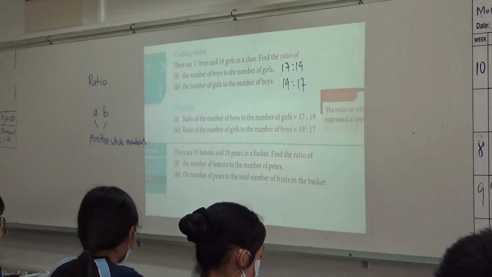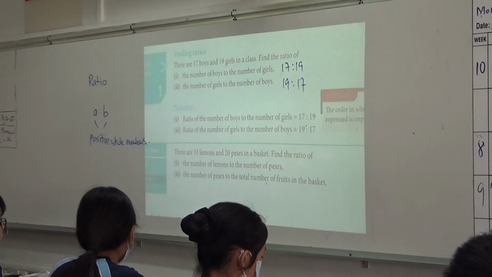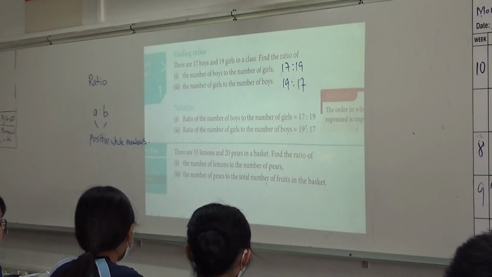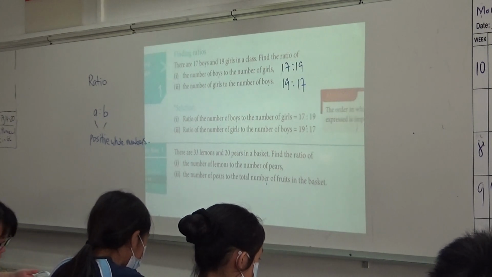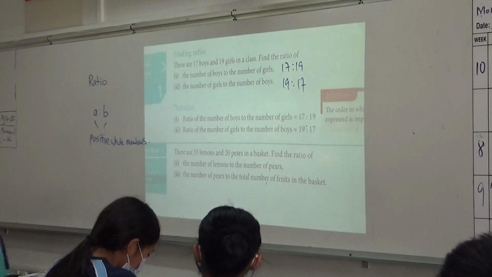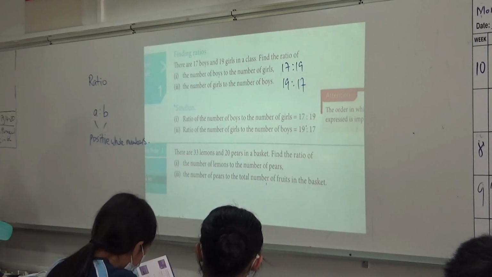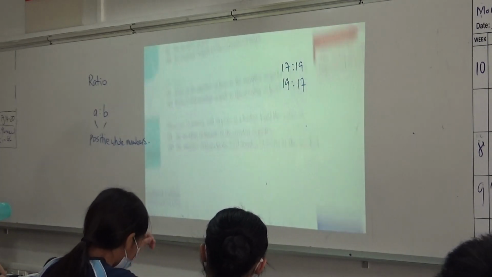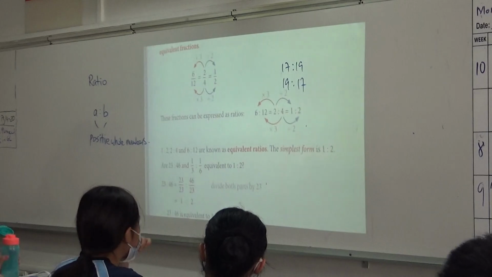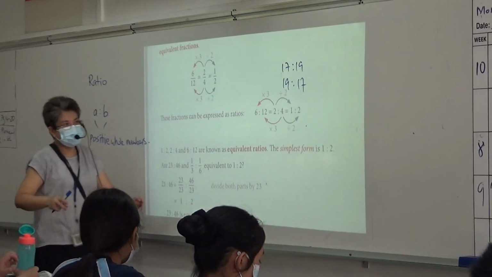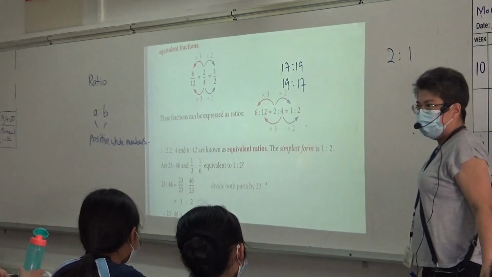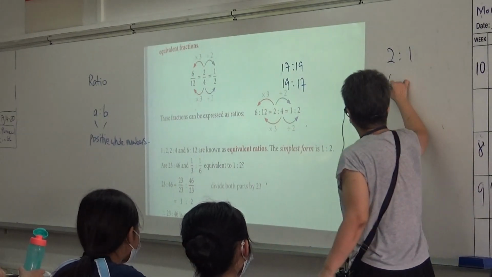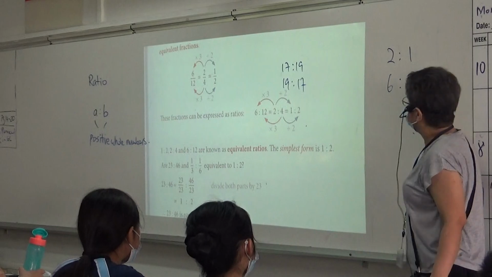Now, I'm moving on to work example 2. But I need to talk about equivalent ratios first. Just like equivalent fractions, if I have 2:1, it's the same as 6:3.